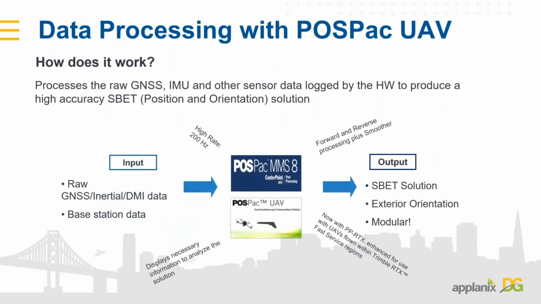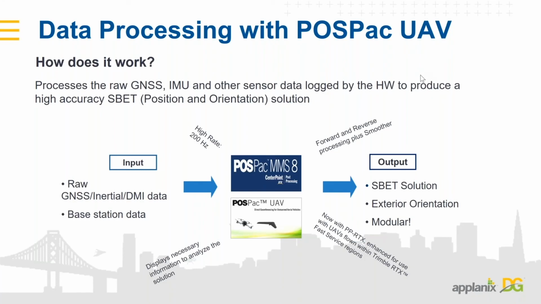Going a little bit now into post-processing with POSPac UAV. POSPac UAV is a post-processing suite that's been designed and tailored directly for UAV applications. You're going to be feeding in your raw data, specifically GNSS, inertial, or additional sensor data such as a DMI, and then whatever base station data if you are using something such as a VRS network or a dedicated base station.